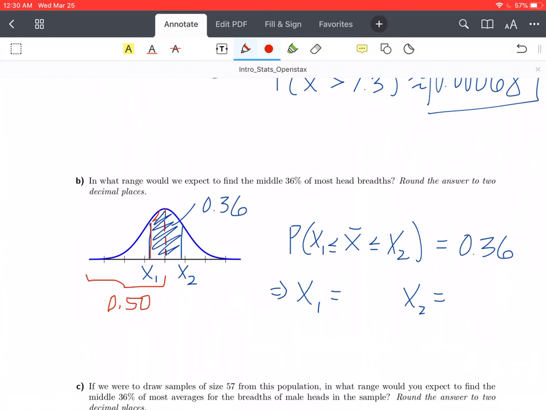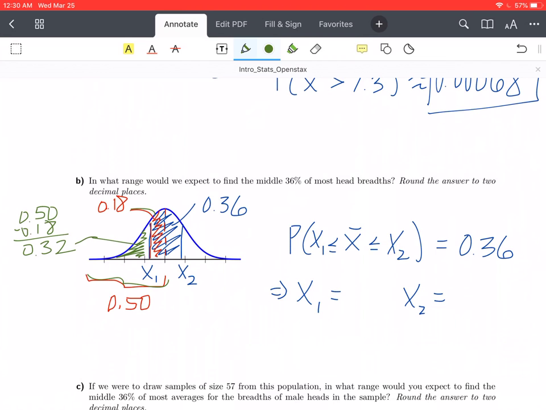And this piece in here is half of the 36. Half of 36 is 0.18. Which means that what's left, this whole portion over here, which is what we're looking for, is 0.50 minus 0.18, the whole thing minus this smaller portion we don't need, and that's 0.32.